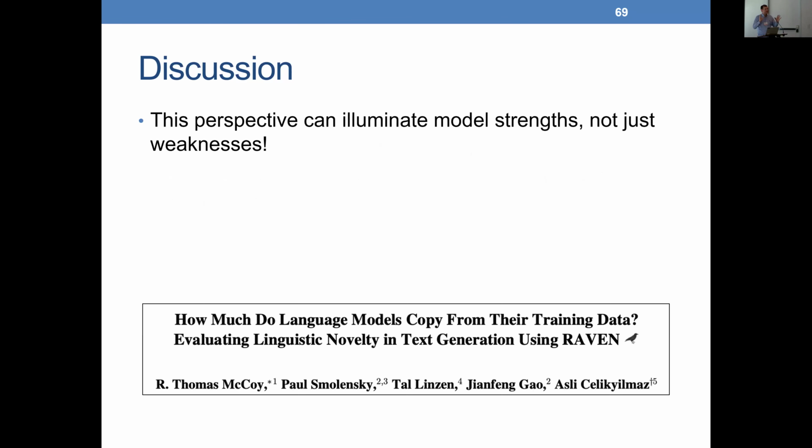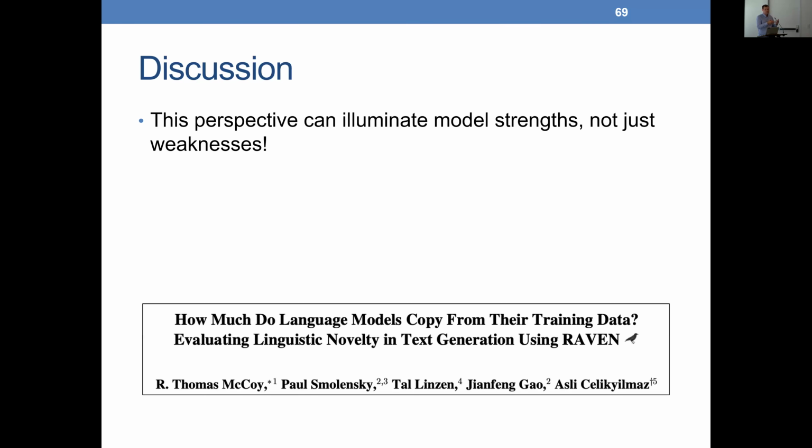Another thing I worry slightly about with my choice of examples is that they might seem overly negative, which was not at all my goal. I think it is important to note that teleological thinking can illuminate model strengths, not just model weaknesses. For example, in this paper with Paul Smolensky, Tom McCoy, Roland Fernandez, Matthew Goldrick, and Jianfeng Gao, we looked at the question of whether language models are merely copying things they've seen before, as opposed to generalizing in new ways, creating new syntactic combinations, for example.